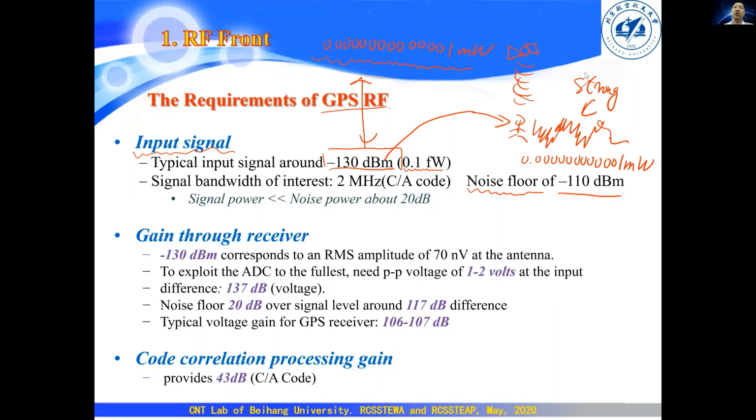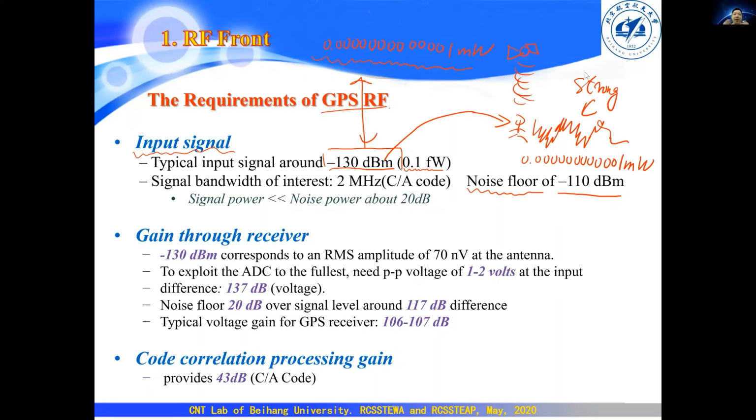So what you do, and I think it's a very amazing thing, is you try to pick up a signal about 100 times lower than the noise. Imagine you listen to FM. You hear music, and very small noise. I think it's very easy for you to understand the speech or the music.